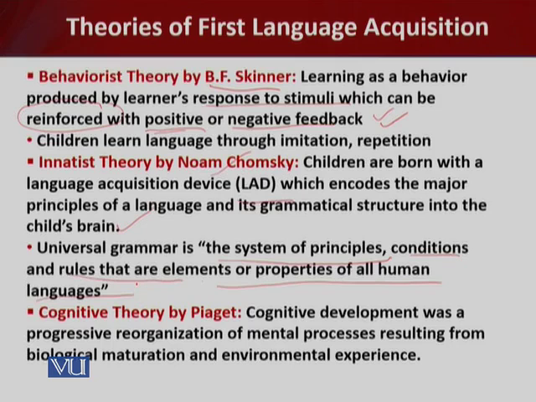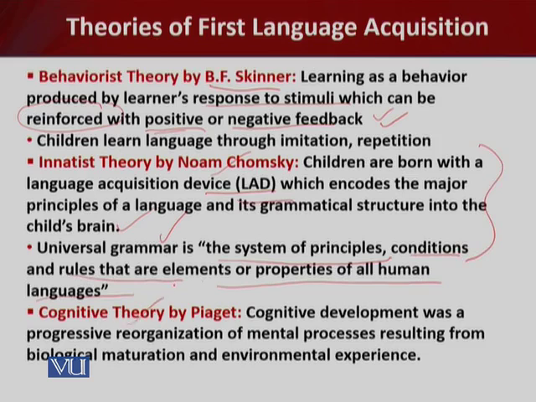The concept of universal grammar is that the child is born with this language acquisition device, which has all the language rules in it, and they just need to be expressed in the form of sentences after the child becomes capable of using these grammatical rules. So universal grammar is present at the time of birth.